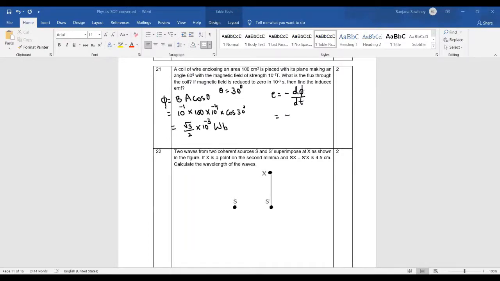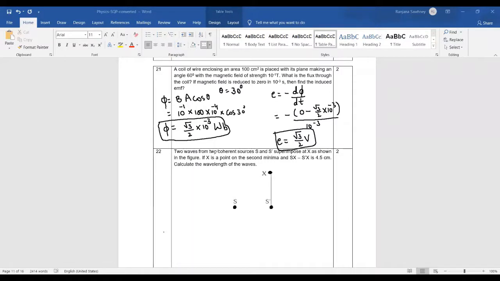Here the change in the magnetic flux is 0 to root 3 by 2 into 10 raised to the power minus 3, in the time 10 raised to the power minus 3 seconds. So the induced EMF is equal to root 3 by 2 volts, whereas the magnetic flux is root 3 by 2 into 10 raised to the power minus 3 Weber.